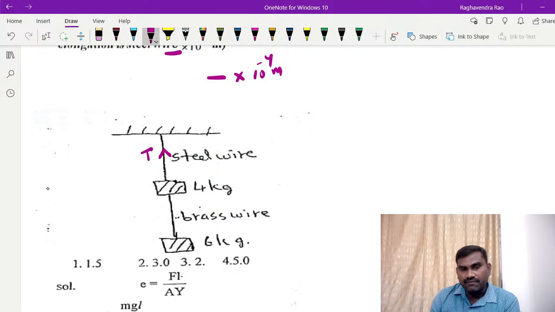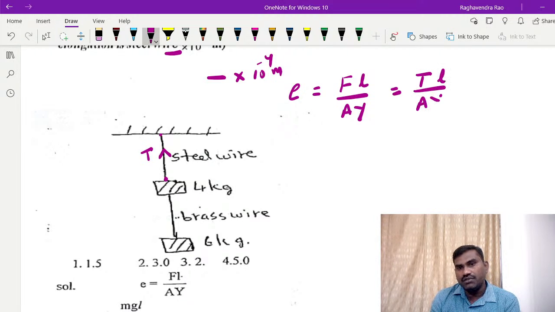Tension T at this rigid point: this steel wire has to hold both the 4 kg mass and the 6 kg mass. Now elongation is equal to FL by A into Y. In the case of F, we need to take tension. So TL by A into Y. This is the expression for elongation. Now, when we are finding elongation of the steel wire, we need to take the values for the steel wire.